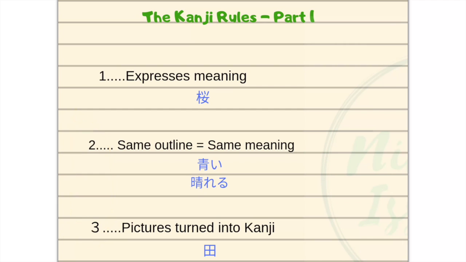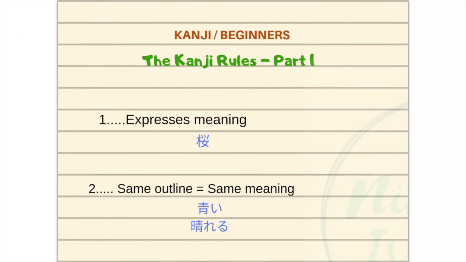For rule number 2, we will study two kanjis. The first one is called soro, or bend, to bend actually. This is the kanji.